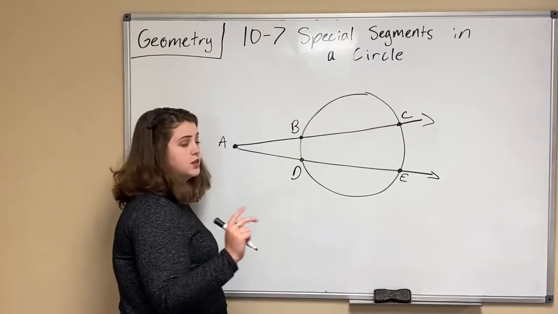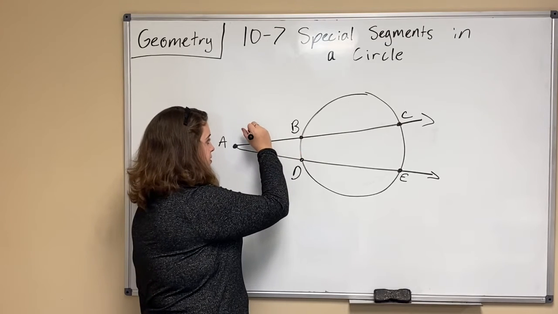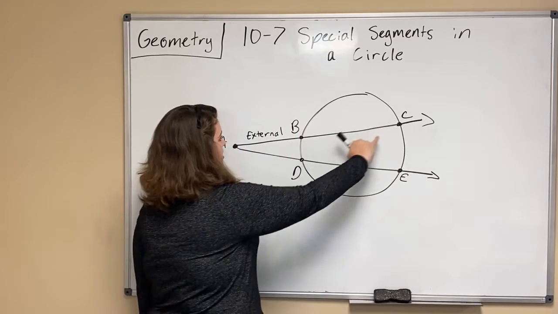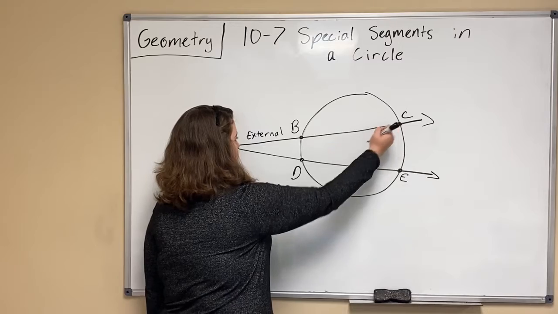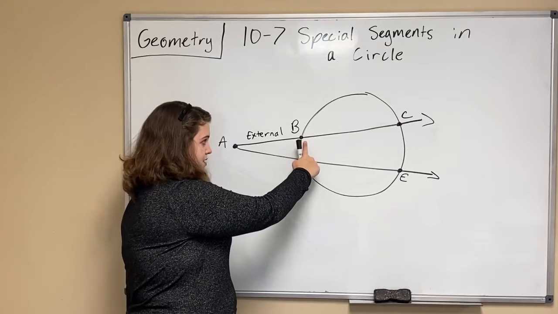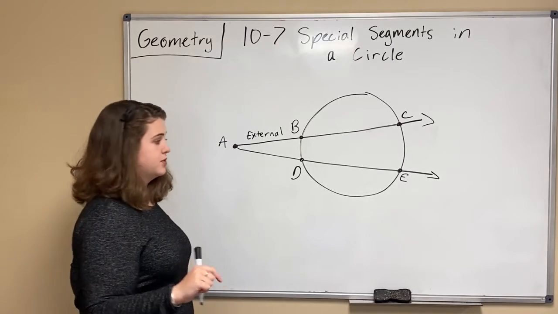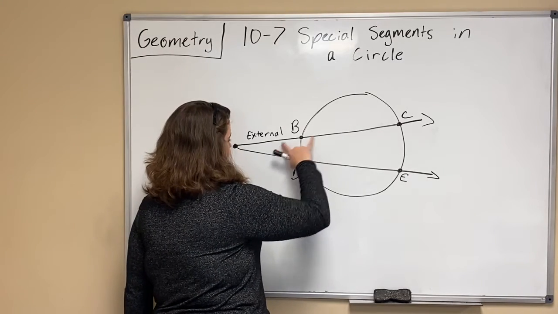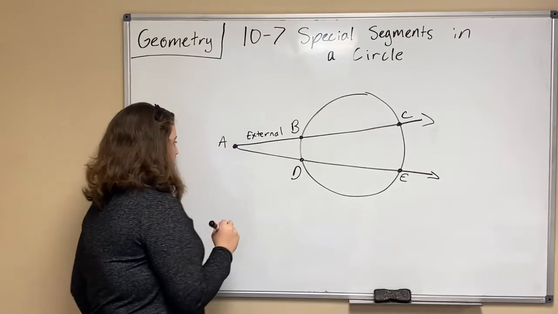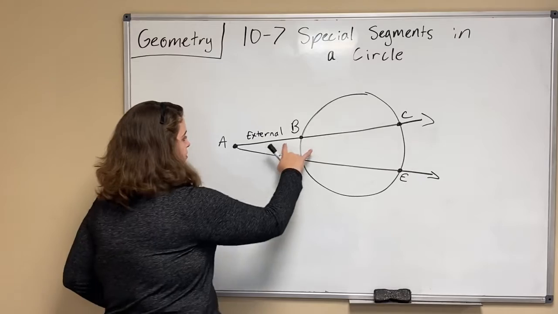So the two segments that we're splitting our secant into is AB, its external segment, and the whole line, the whole from A to C. So basically we have a segment from A to this edge of the circle, and we have a segment from A to this edge of the circle. So don't think of it like I split it external and internal. Think of it like the external bit and then the whole from A to C. Now if I do that, those two segments are proportional to these two.